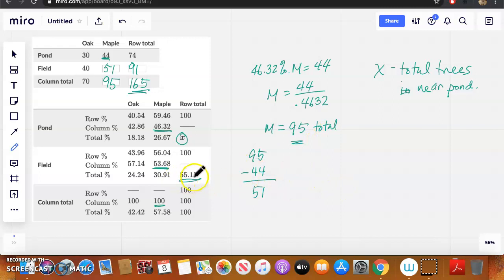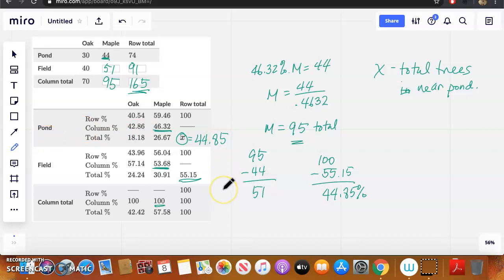If there's 55.15% in the field, and we subtract that from 100, so 100 minus 55.15, then that's going to give us 44.85%. So 44.85% of all trees are going to be near the pond.